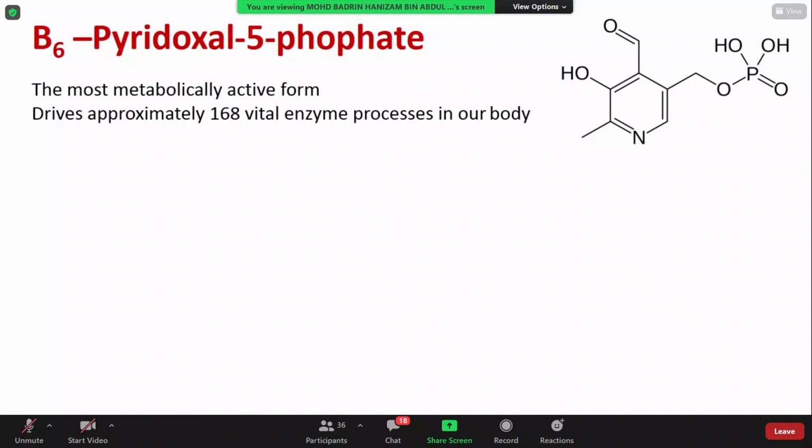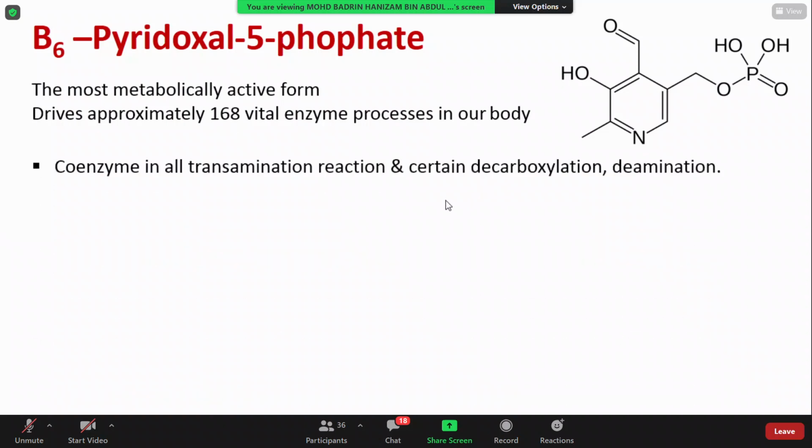That's a huge number of enzymes that require pyridoxal 5-phosphate in order to carry out the reaction. So based on this number, you know how important this PLP is, right?